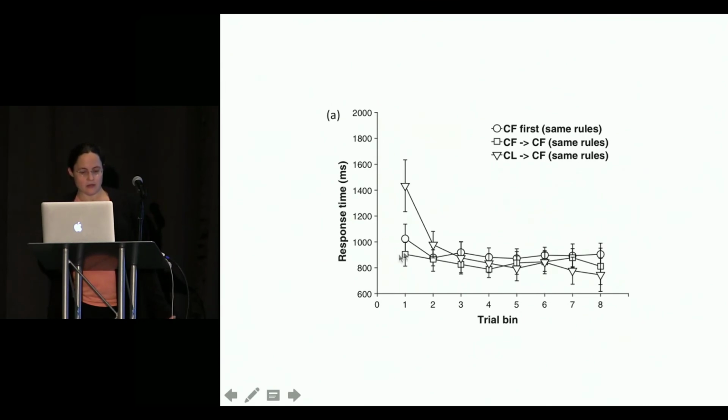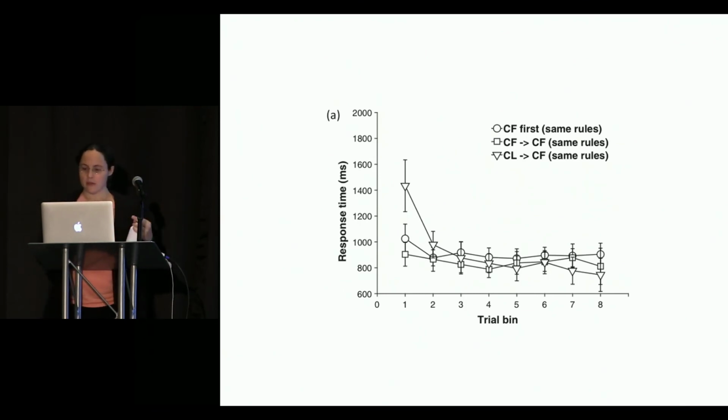Here in the early trials of the task, participants that went from context last, where you had to encode everything, to context first, where you could filter out what you needed to remember, were penalized compared to other participants. So showing that they had somehow built a strategy about how to solve this task that they were able to transfer and port through.